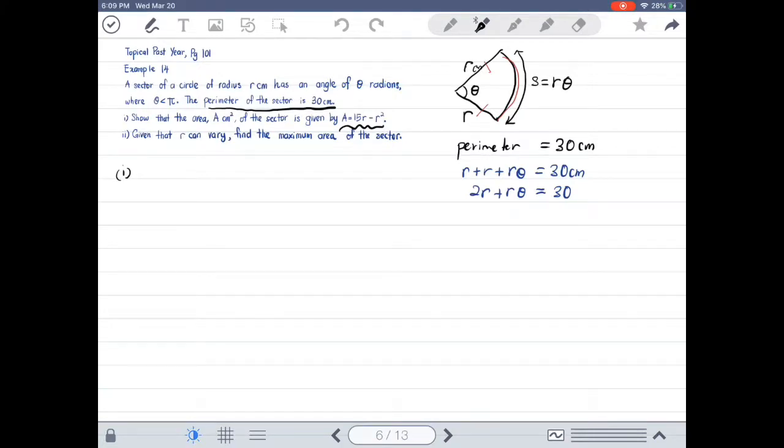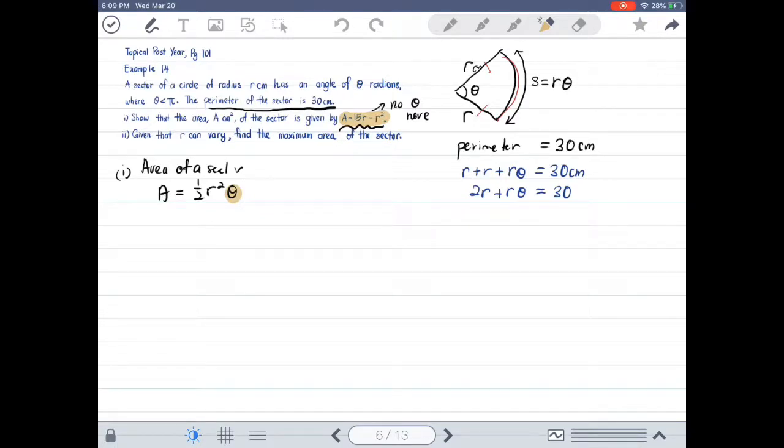So we know by formula, area of a sector is given by A equals 1 over 2 r squared theta. But the thing is, we don't have theta here. Everything is in terms of r. We need to prove this, which means that we need to change theta in terms of r.